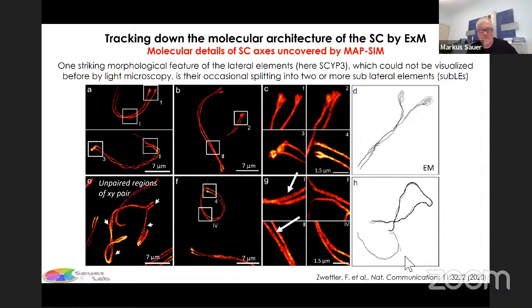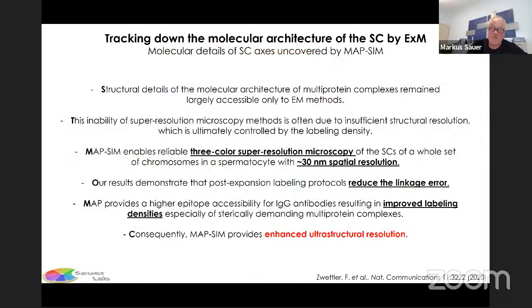And this has never been possible to visualize by any kind of light microscopy before, not due to the limited resolution, but due to the limited labeling efficiency, the accessibility of those epitopes which are shielded in those filament layers. You will only always be able to label the outlying filaments and never inside of these densely packed filaments. But if you first expand the samples and then optimize fixation steps and everything, you can really access epitopes which are not accessible before.